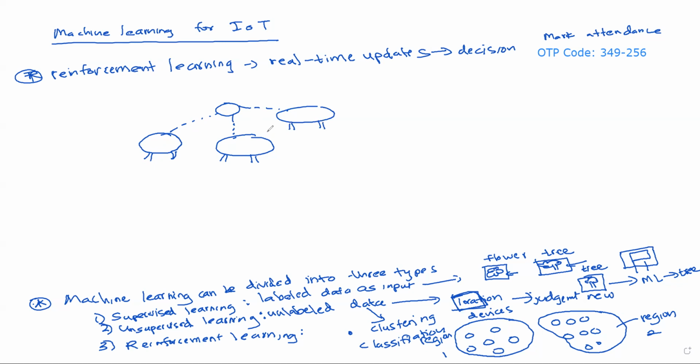If the robots are trained using reinforcement learning, then the robots learn the path of moving. So these robots have to move along a certain path in the environment, right?